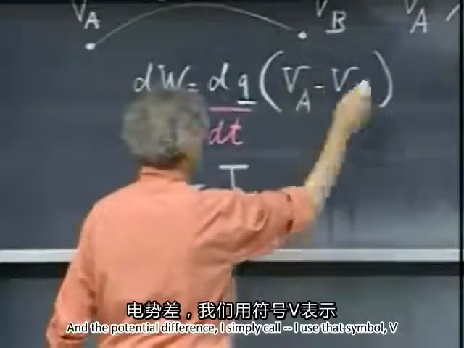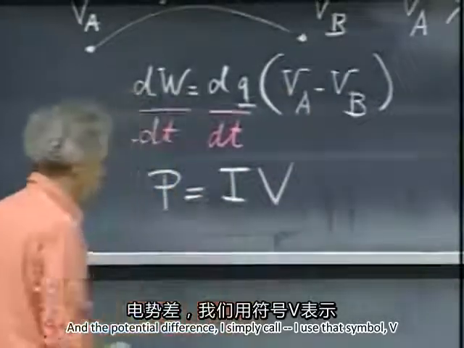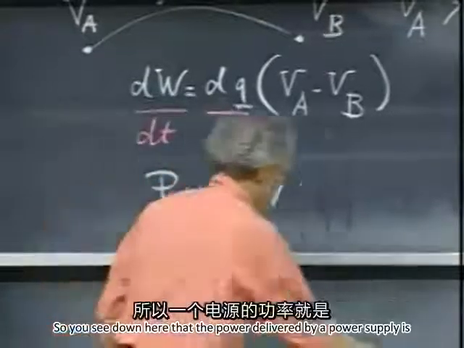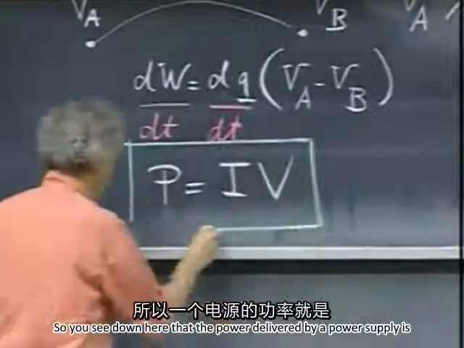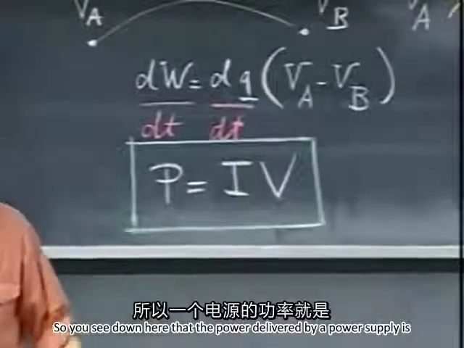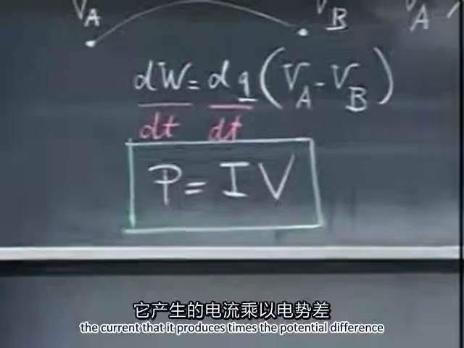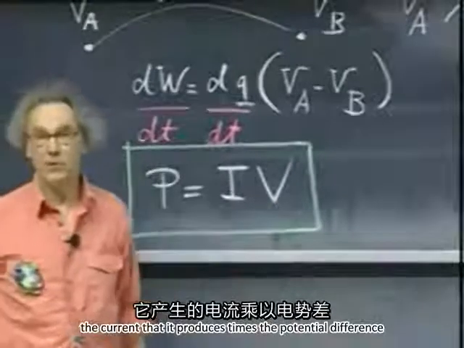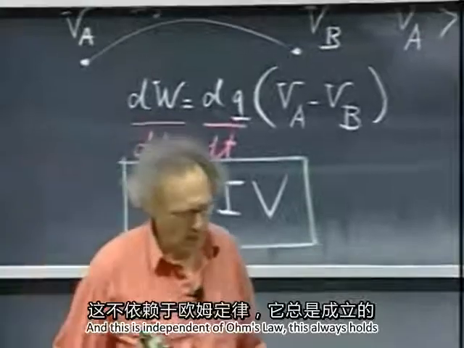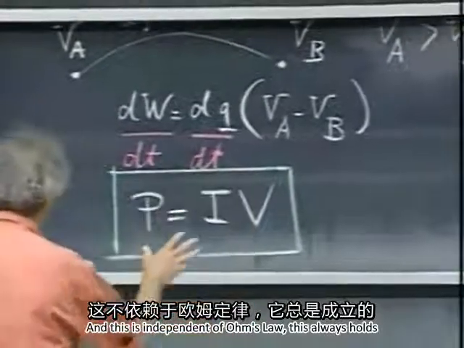And the potential difference I simply use that symbol V. So you see now here that the power delivered by a power supply is the current that it produces times the potential difference. And this is independent of Ohm's law. This always holds.